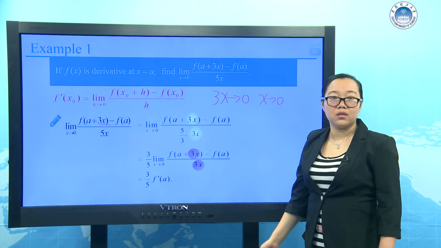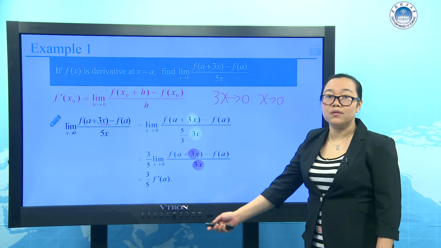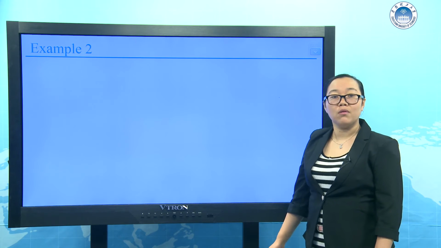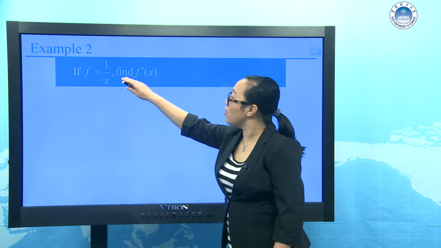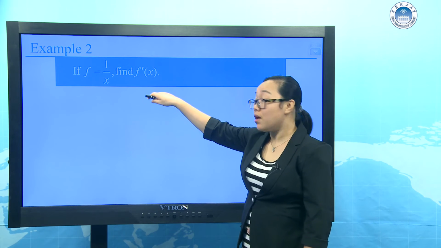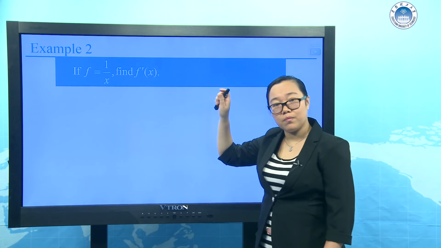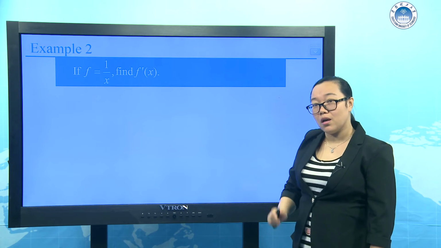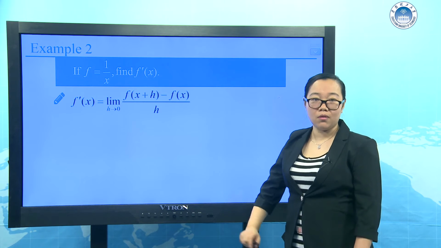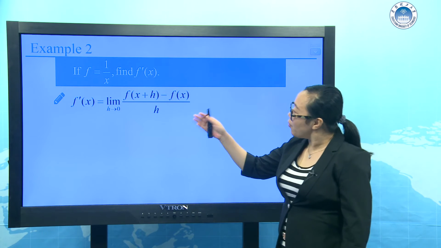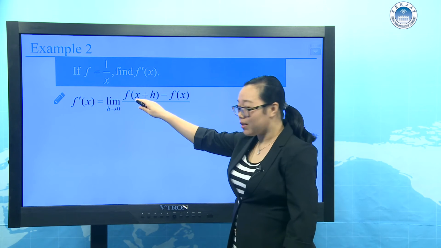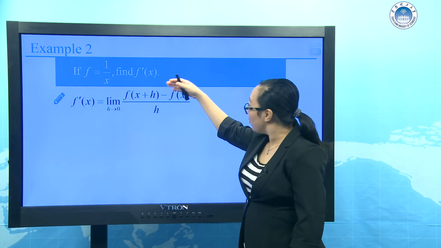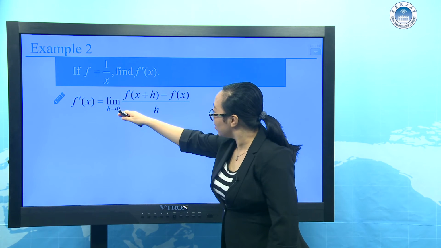If we understand example 1, we try to understand example 2. Now look at, if f(x) equals 1 over x, find f prime x. How to do? Yes, according to the definition. Now finish this. f prime x for any given point equals the limit of f(x + h) minus f(x) over h as h tends to 0.